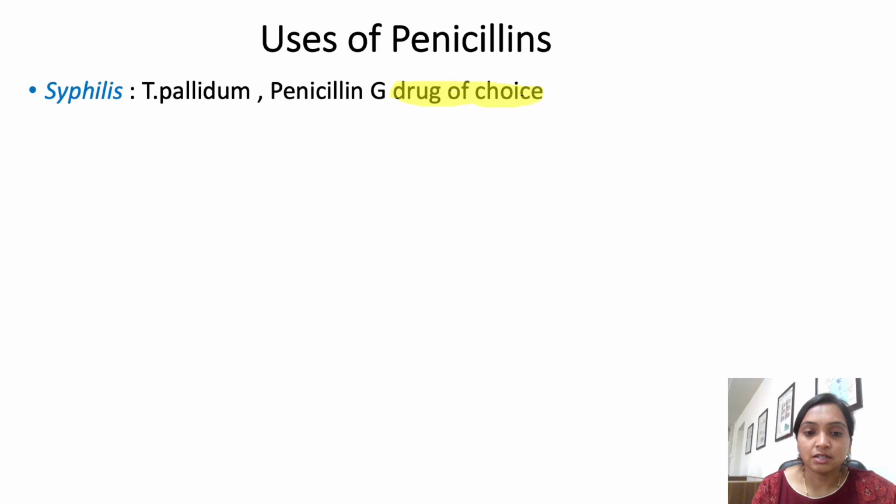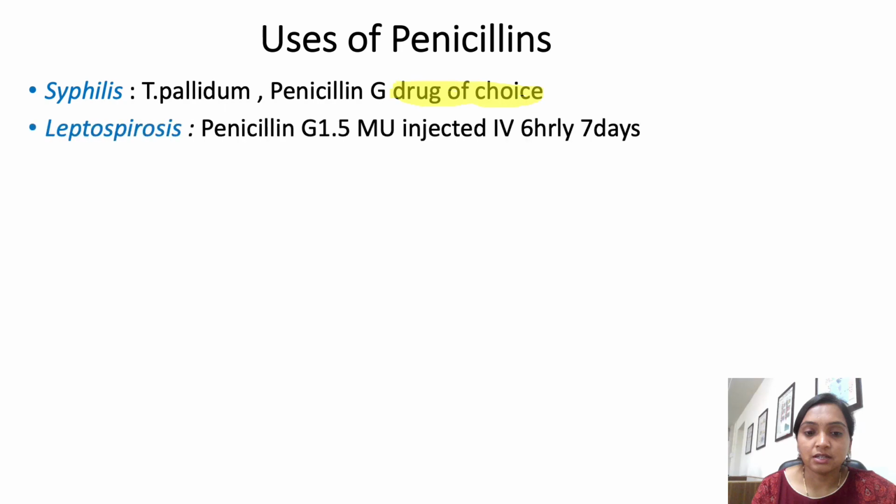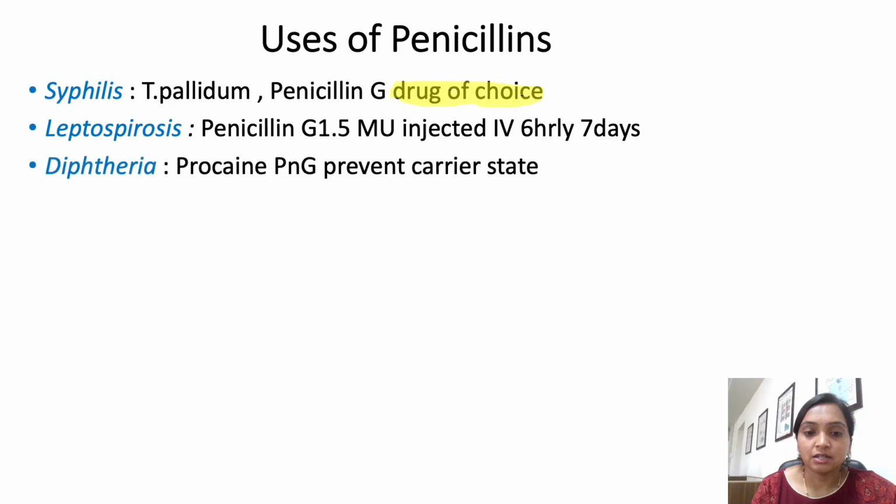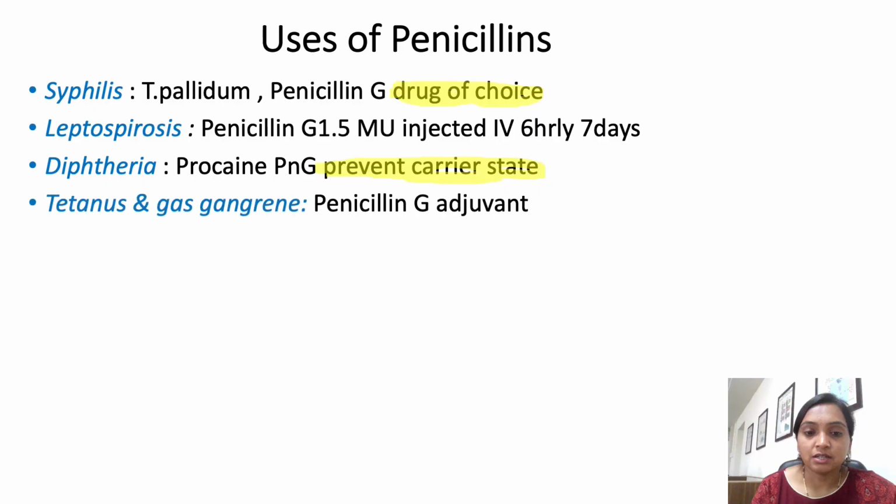Primary, secondary, tertiary, all types of syphilis, penicillin is the drug of choice. Leptospirosis also, and in case of diphtheria, it is used to prevent the carrier state. To prevent the carrier state, penicillins are used, and in tetanus and gangrene also as an adjuvant.